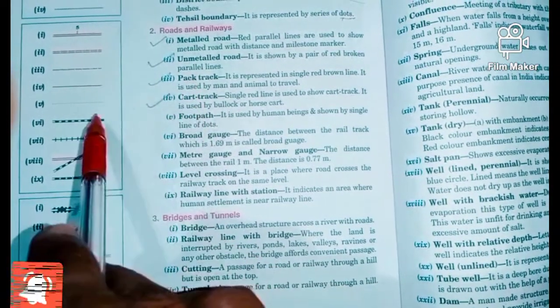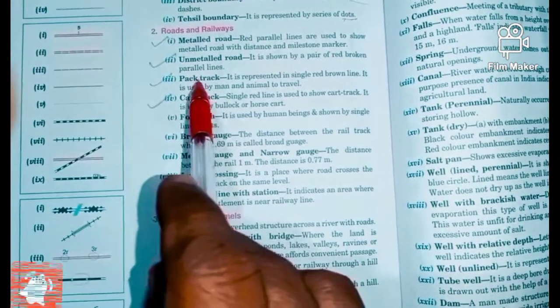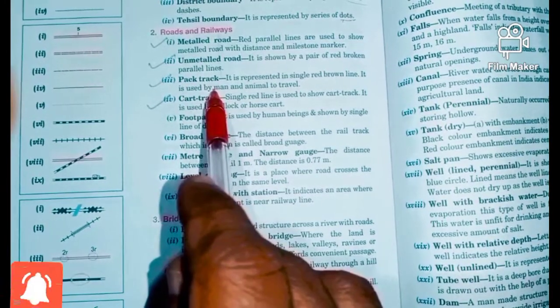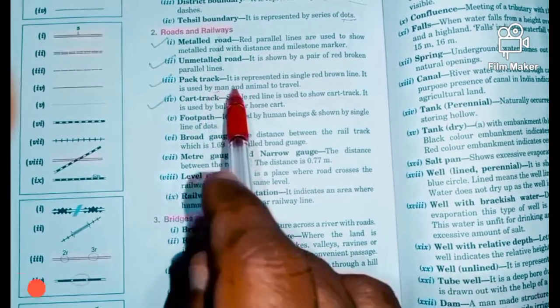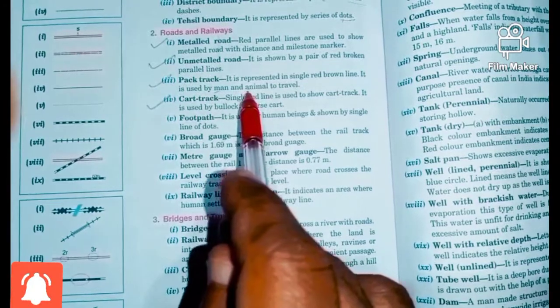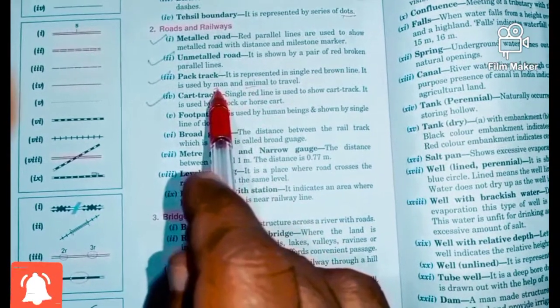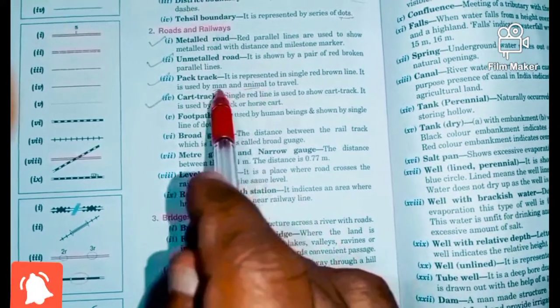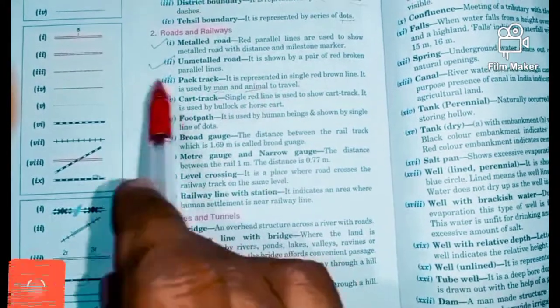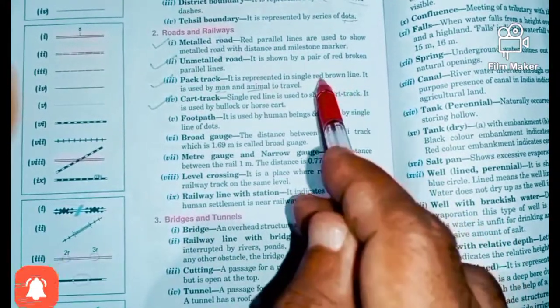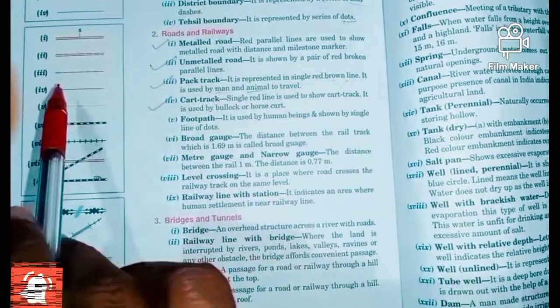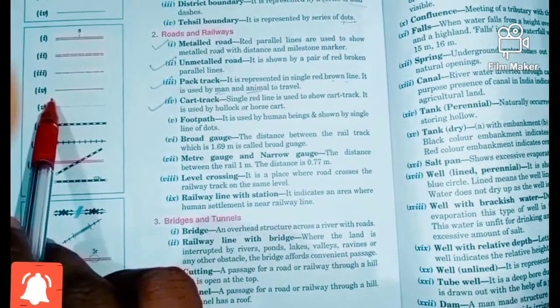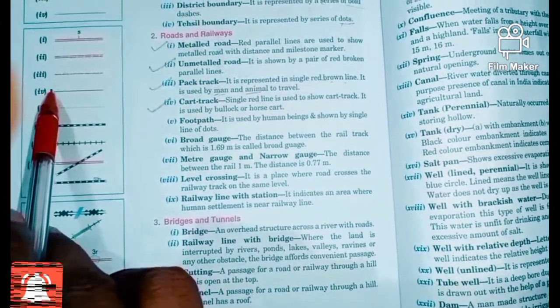Then comes the pack track. Pack tracks are tracks made by man to travel with animals, meaning on that road man and animals can travel, and it is shown with a single red-brown dashed line.